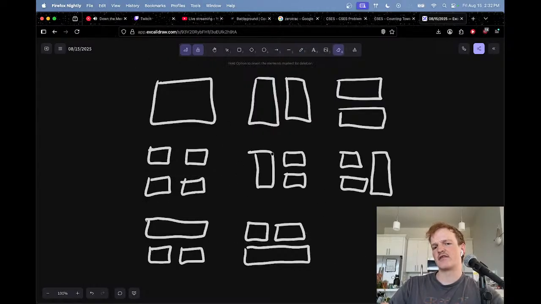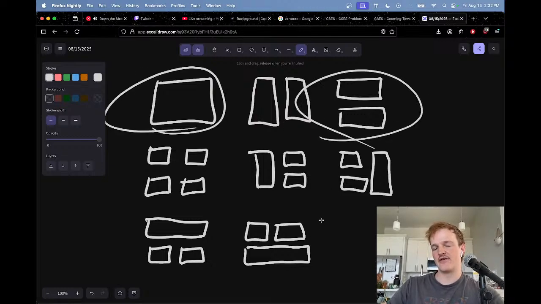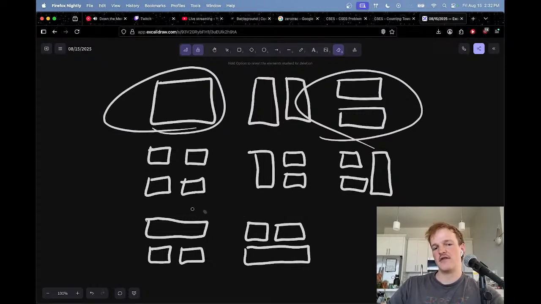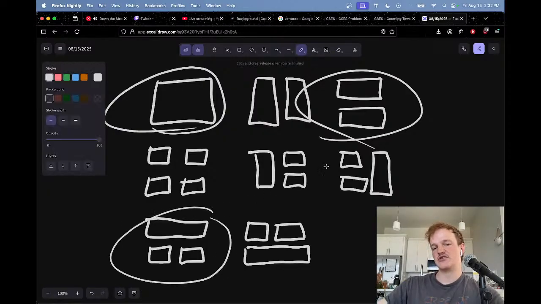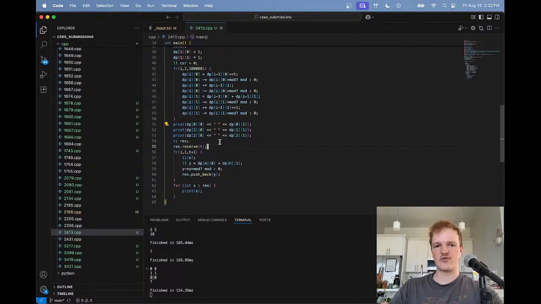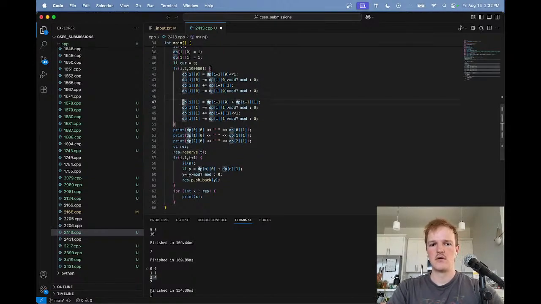No. 3 is correct. It's saying it sees this, it sees this, it sees this. So DP at 2 at 0 is fine. DP at 2 at 1 is only seeing 4 things. It's probably the fact that there's something being multiplied. So this is the state where DP at I at 1 plus equals DP at I minus 1 at 0, which is included.